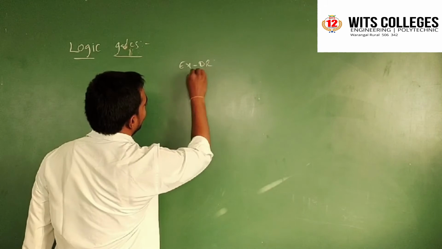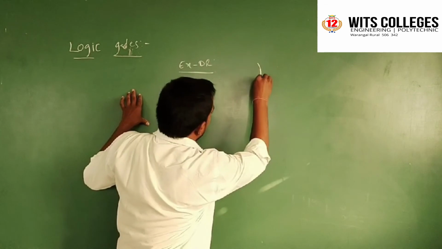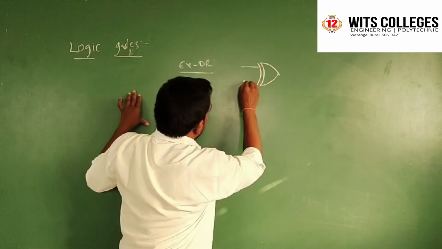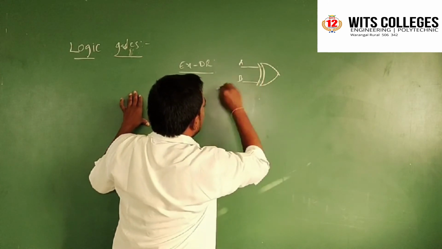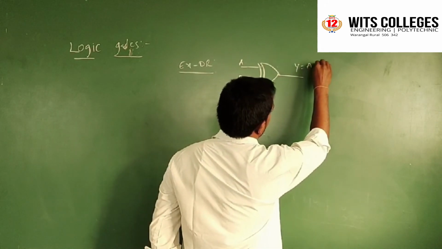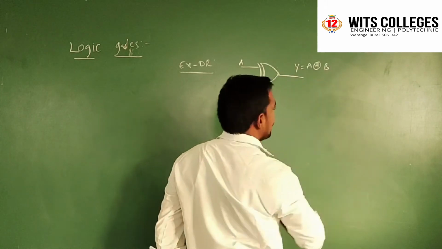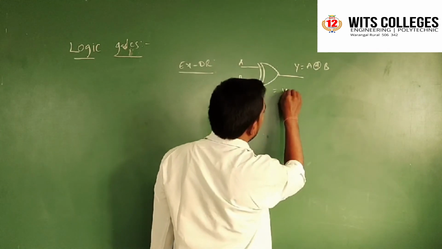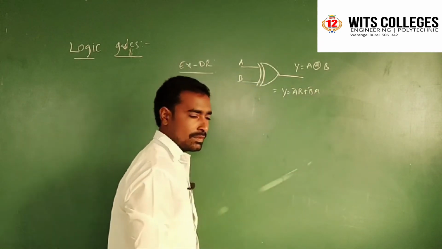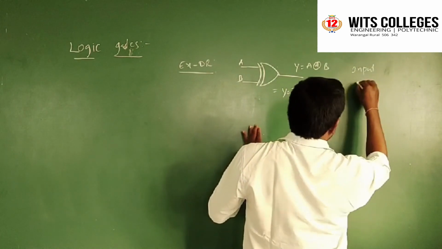The logic diagram of the exclusive OR gate is like this, and here we are giving both inputs A and B, and the output Y is equal to A exclusive OR B, which can be written as Y is equal to A bar B plus B bar A.